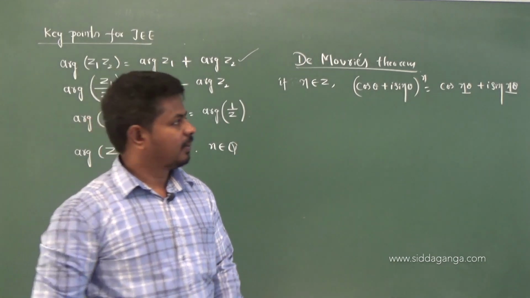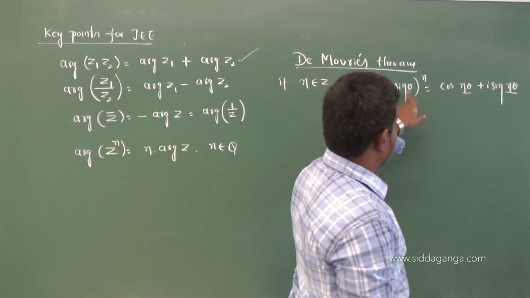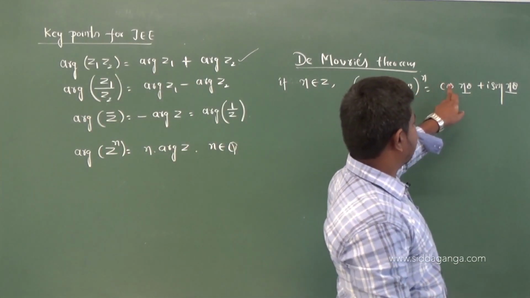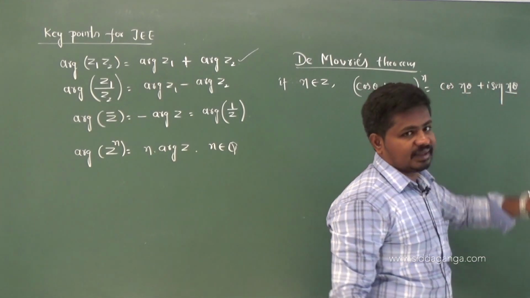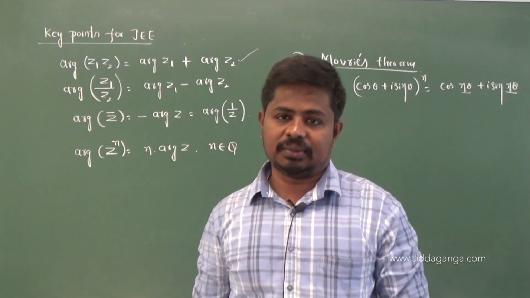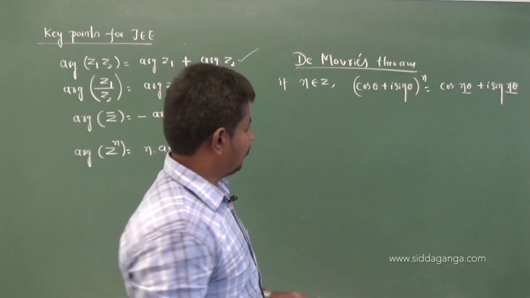De Moivre says that (cos theta plus i sin theta) whole power n, for any integer n, becomes cos n theta plus i sin n theta. It's the most important result. We call it De Moivre's theorem.